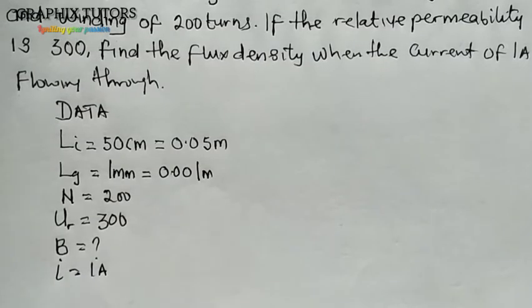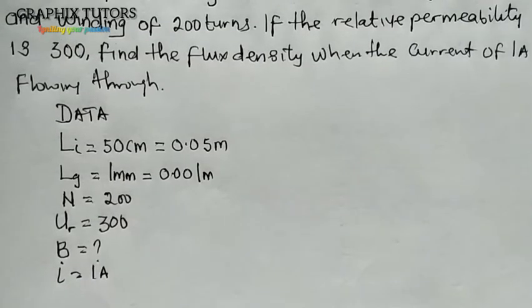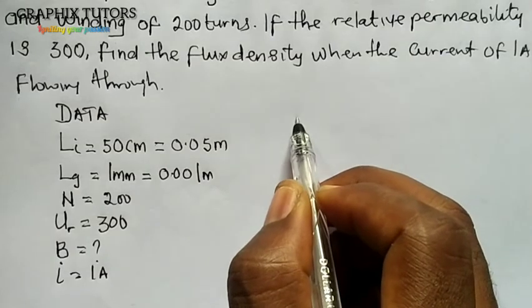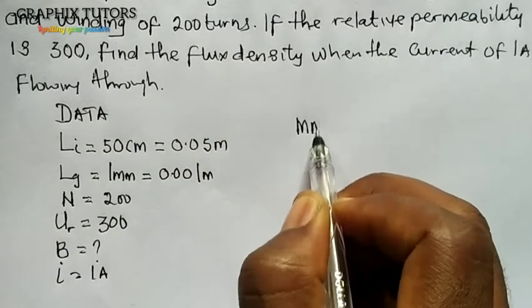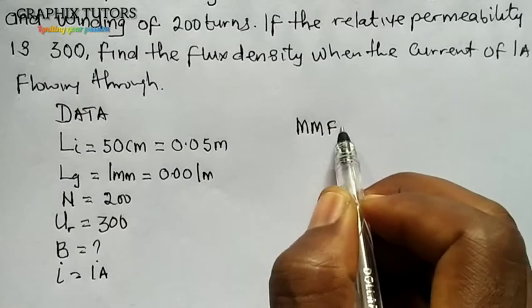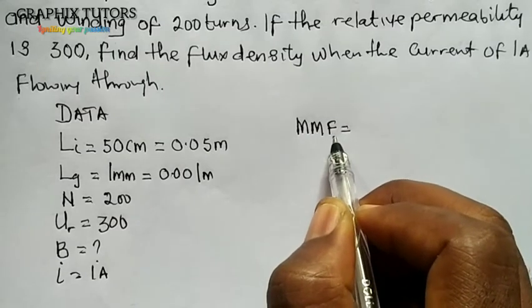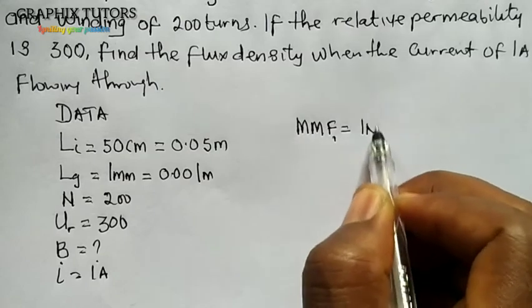So what we actually do here is, we know that in terms of a magnetic circuit with air gap, my MMF is equal to IN, right?